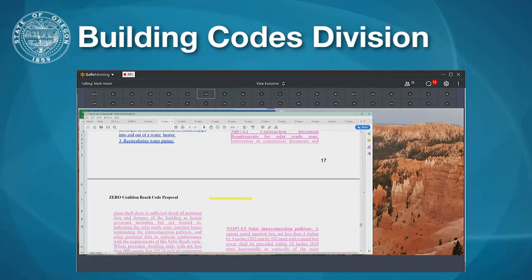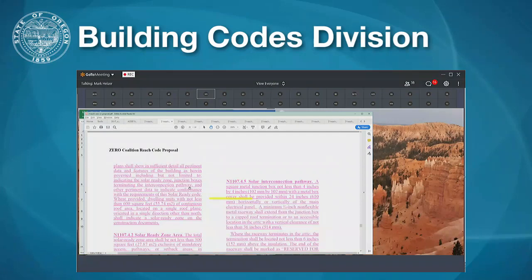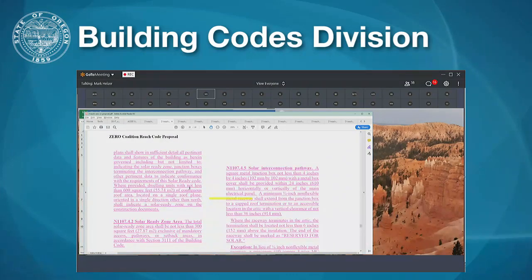Are any of those persons on the line today who wish to comment about their support or non-support for inclusion of the solar ready language? Well, we'll make sure we get their letters posted on the website as well.